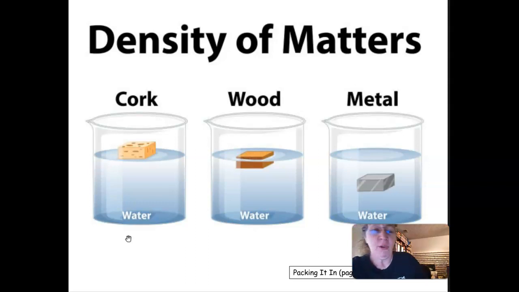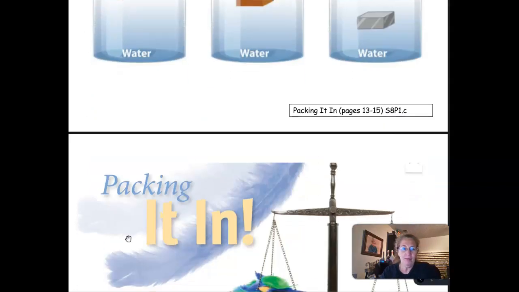You could also put grams per cubic centimeter. If something floats in water, it has a density less than 1 gram per cubic centimeter. If something sinks in water, that means it has a density more than 1 gram per cubic centimeter.